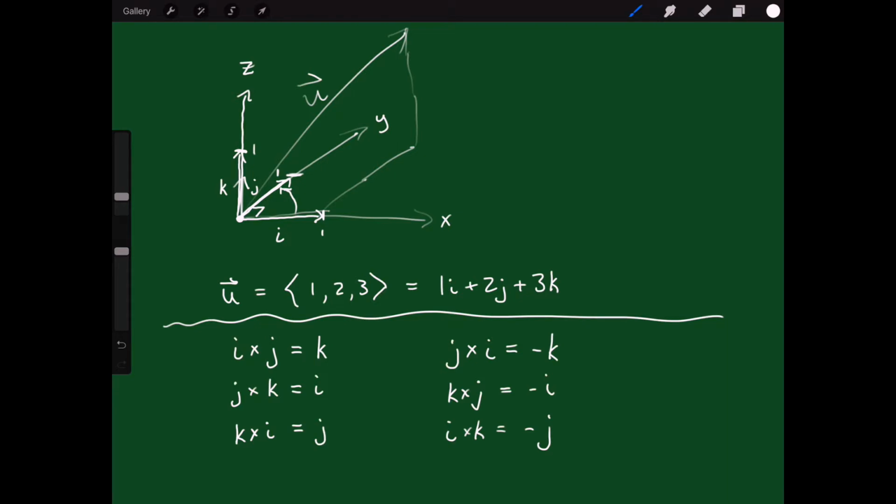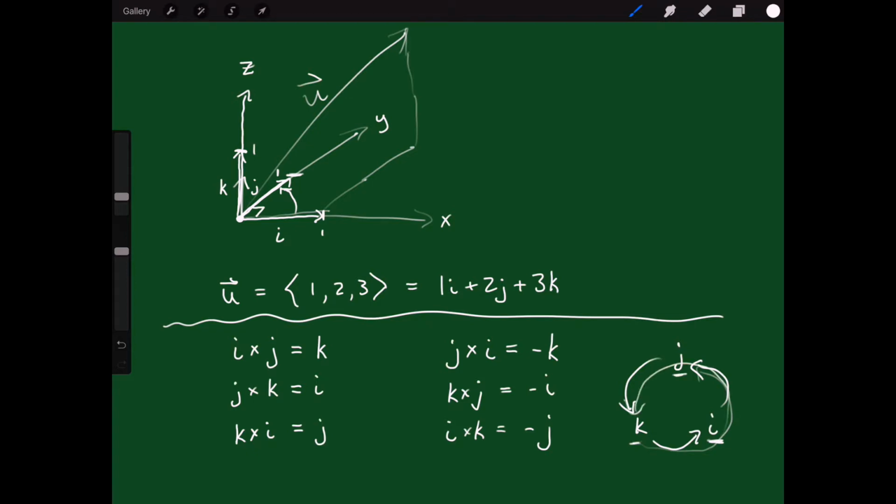So you get this little relationship where I like to draw a little wheel. I have a j, I have a k, I have an i, and then you can draw in little arrows here. So for example, k cross i gives you j, and i cross j gives you k.